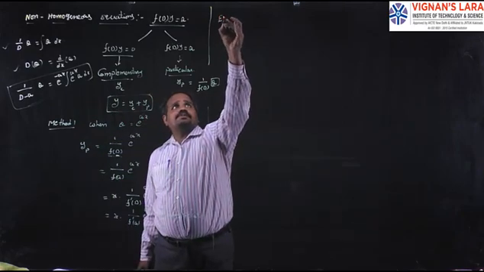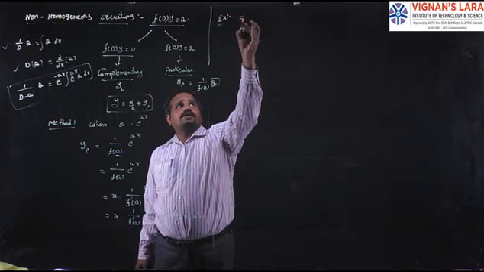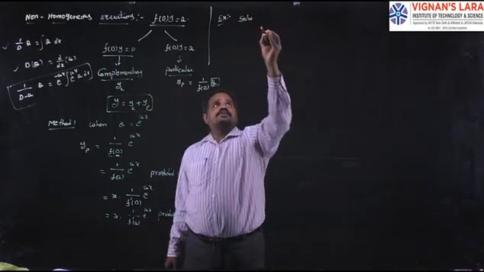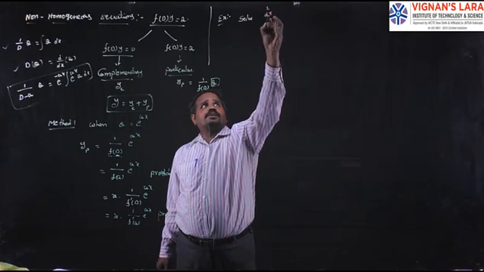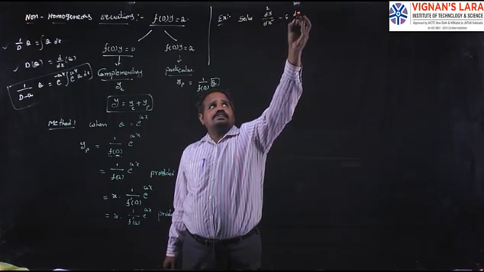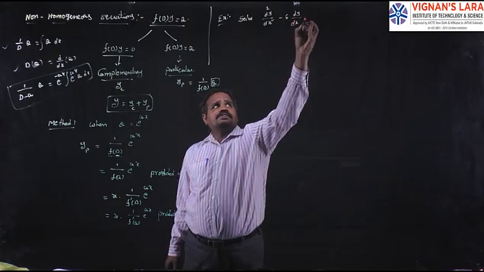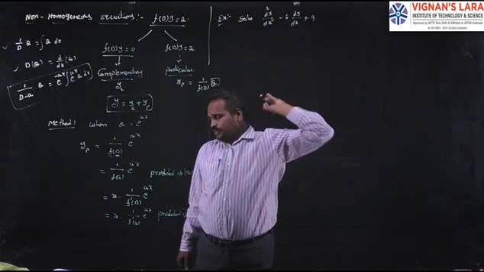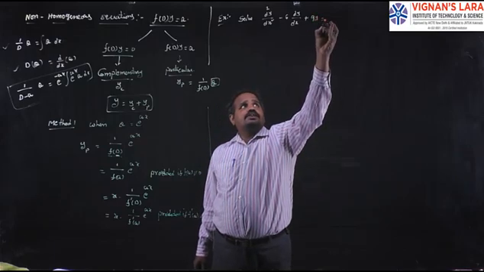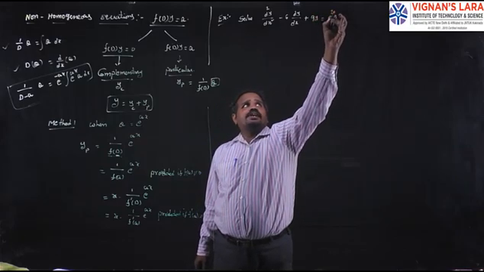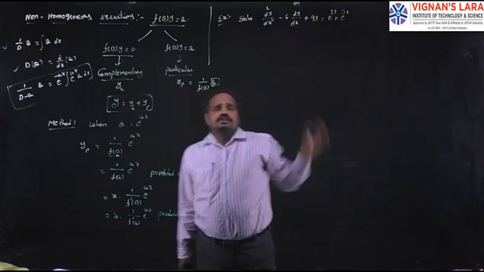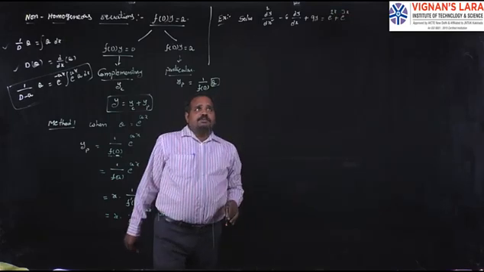Example. Solve d square y by dx square minus 6 dy by dx plus 9y is equal to e power 2x plus e power 3x.